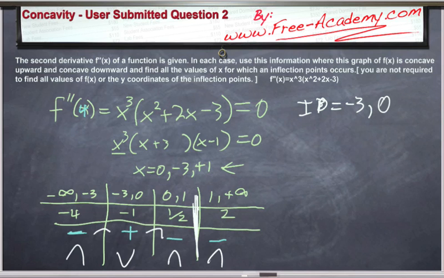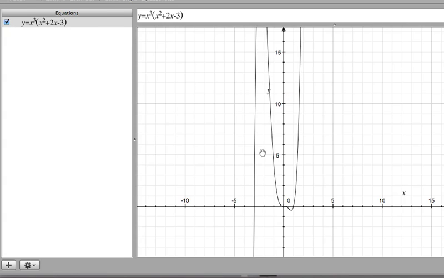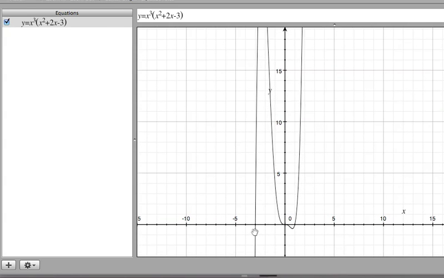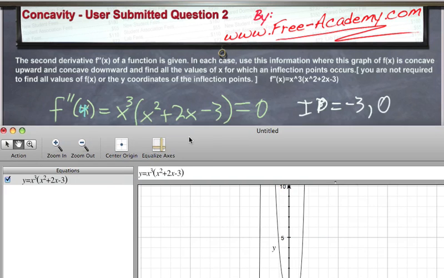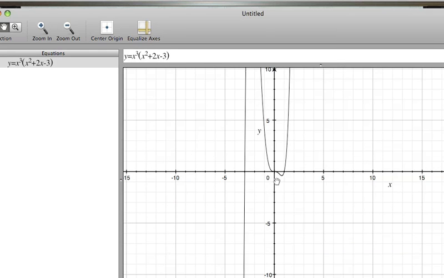Let's check this on our graphing calculator. And right here is -3. So remember, our inflection points are -3 and 0. We have concave down from here to 0, and we have concave up. Did I make a mistake? No, I did make a mistake.